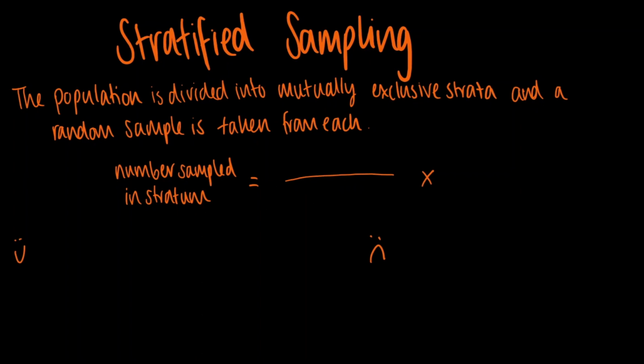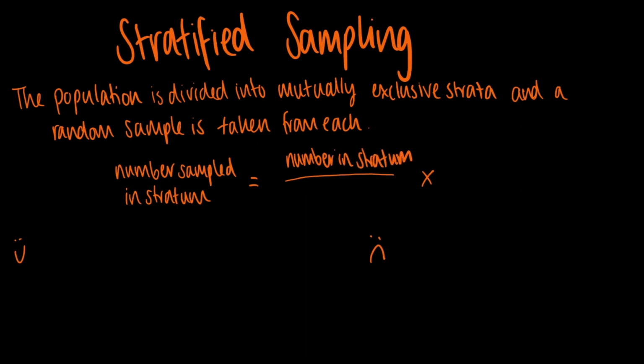Next, stratified sampling. This is where the population is divided into mutually exclusive strata and a random sample is taken from each. You can split it into different types, like boys and girls, and a random sample is then taken from each.